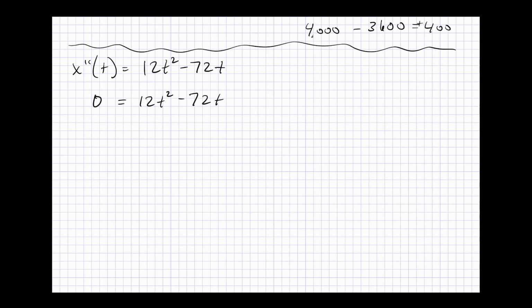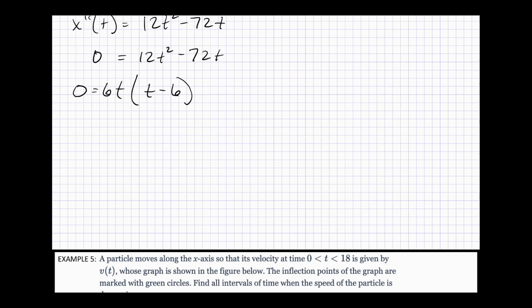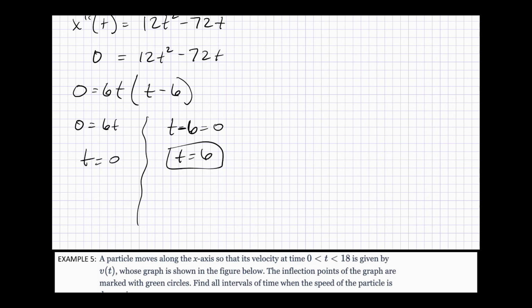I don't believe so. It does, 6 times. Yeah, you're right. 6 times. So 6t, so t minus 6. Set this equal to 0. Set that equal to 0. So I get t equals 6 and t equals 0.